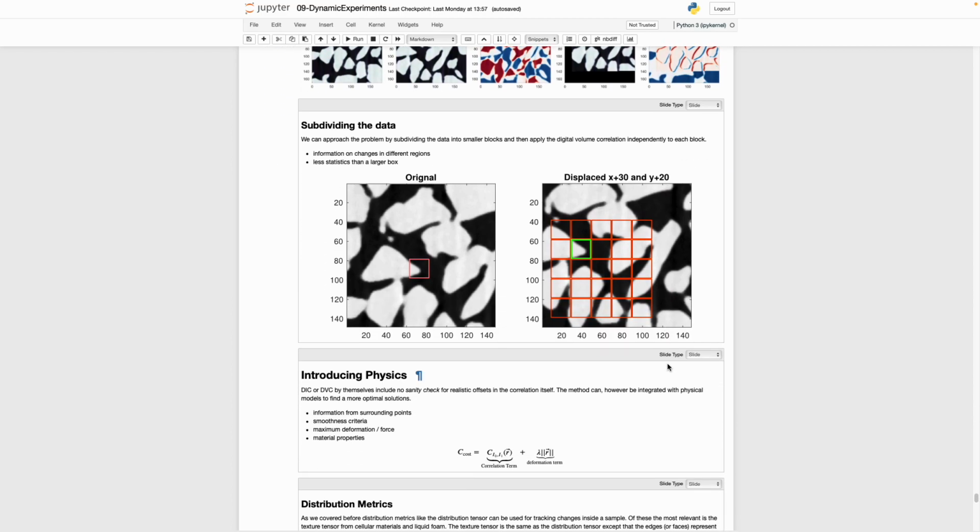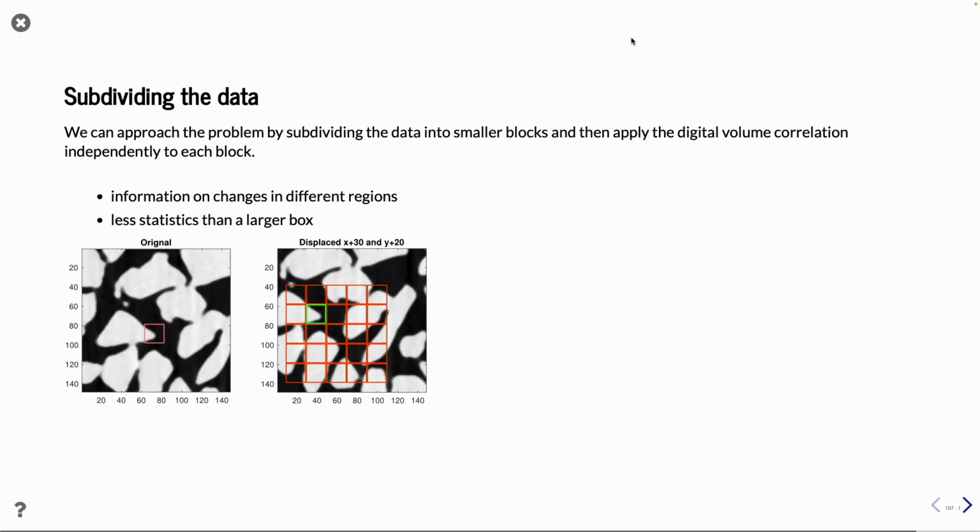Another side of the correlation is, let's see, here, yes. When you do correlation, we did it until now on a global sense. But what if you do it on subregions instead? The effect is that you would have correlations showing how much the displacement is in local regions.